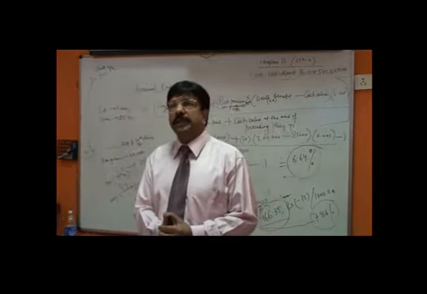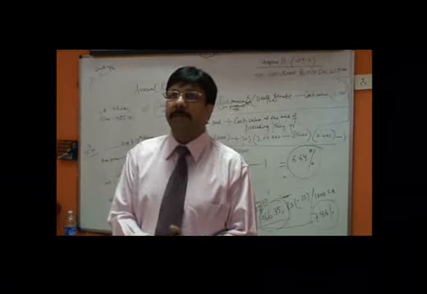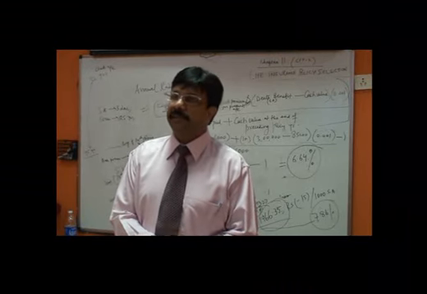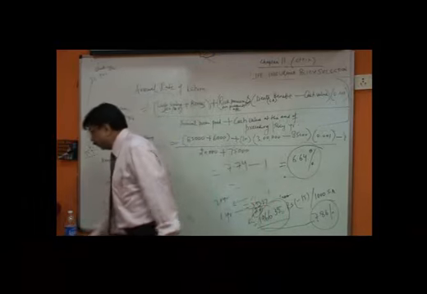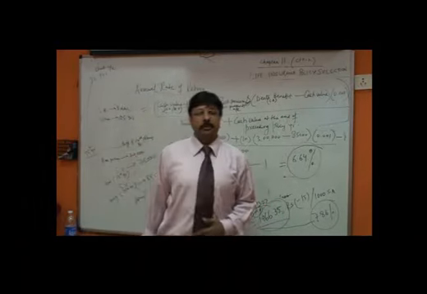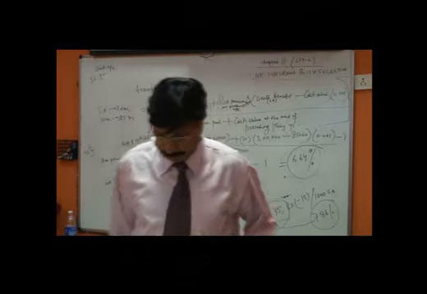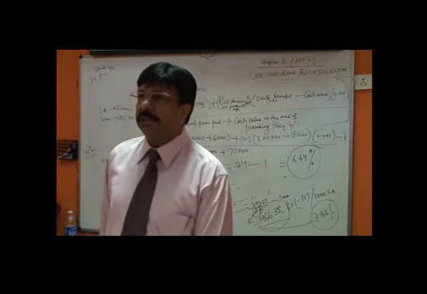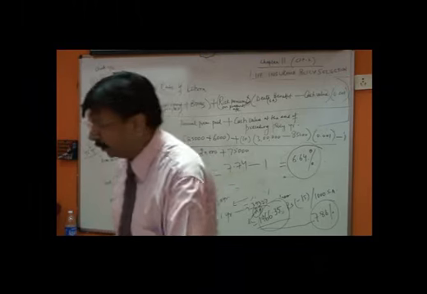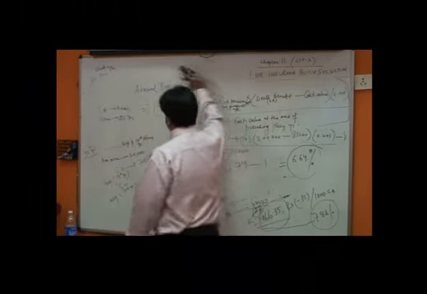Now coming to the next topic of this chapter, it tells about the taxation of life insurance, which is very important from the examination point of view, and which is very important from the practical point of view also. What is the status regarding taxation of life insurance?